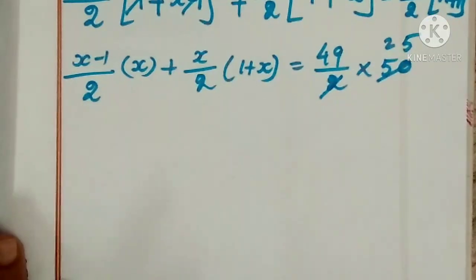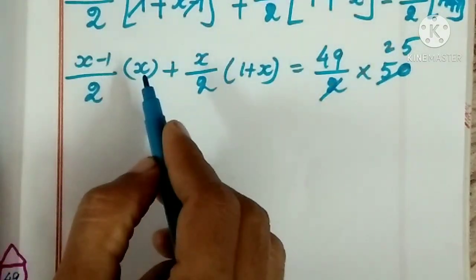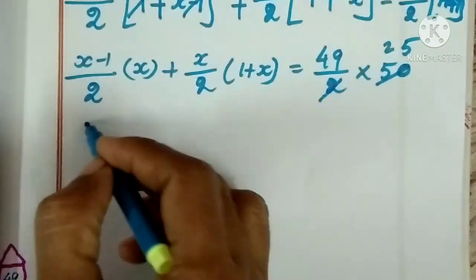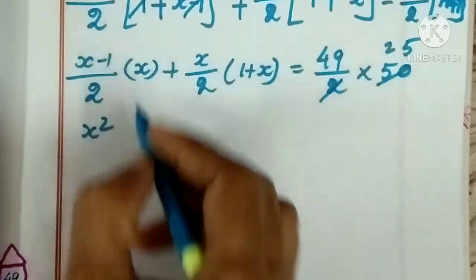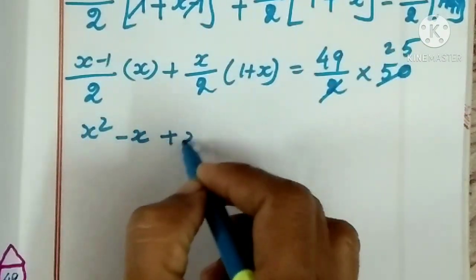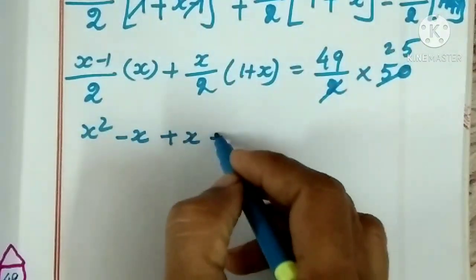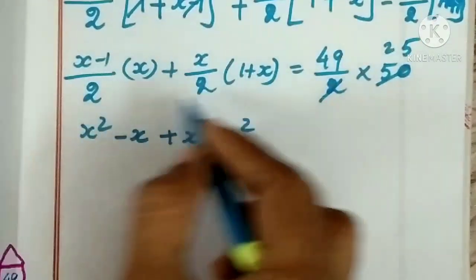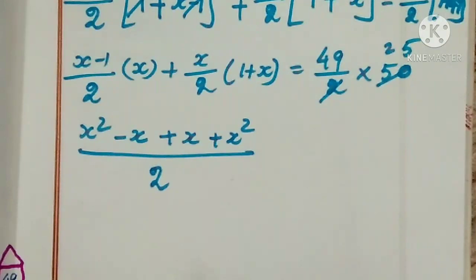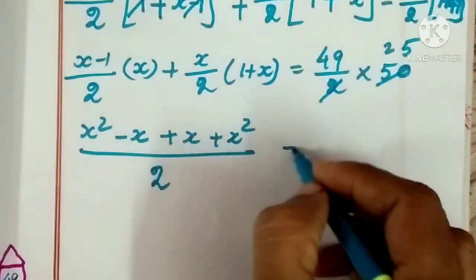Now, you have to multiply this, and we get x into x, x squared, minus 1 into x, minus x, x into x plus x, x into x plus x squared. Here 2 is the common denominator, so you take it commonly one time, that is 2.